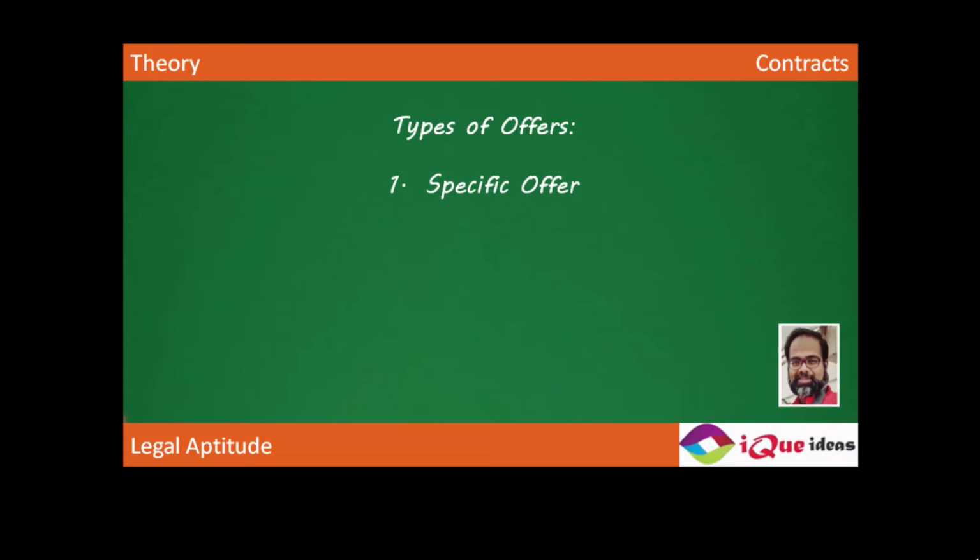Now in this case, I had extended my offer only to person A. So it is either A himself or an authorized agent who on behalf of A can accept. Because it was a specific offer and it was not made to B, B cannot accept my offer. So an offer which is specific in nature can only be accepted by the person to whom it is being made.